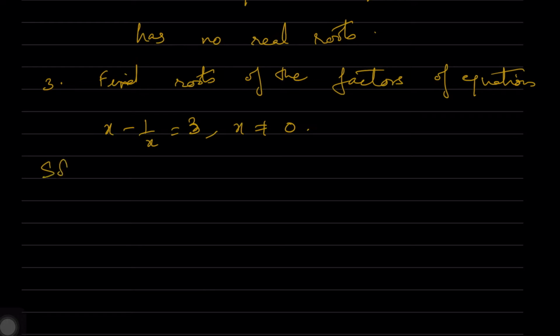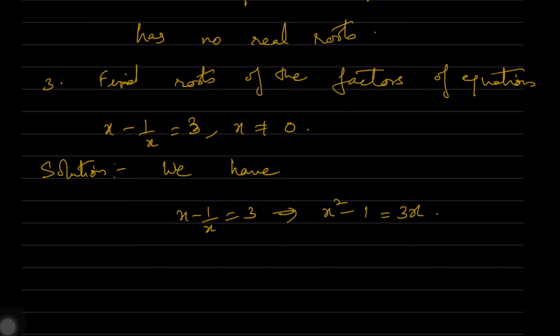So solution, we have x minus 1 by x is equal to 3, which implies that x square minus 1 is equal to 3x. So which implies that x square minus 3x minus 1 is equal to 0.